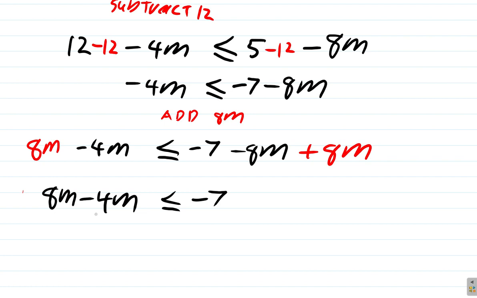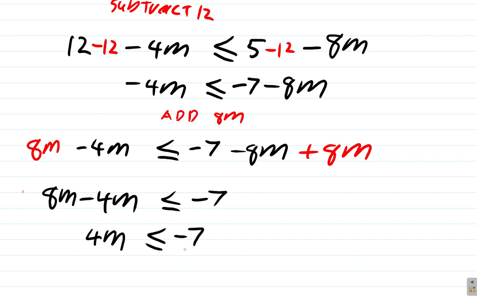But now, what happened here? 8m minus 4m. You have 8m's and you take away 4m's. How many m's do you have left? 4. So we have 4m is less than or equal to negative 7.